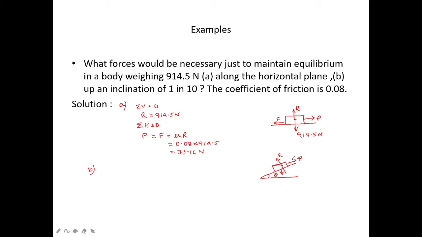And to hold it, keep it in equilibrium, if P is acting upward, obviously F will act downward.